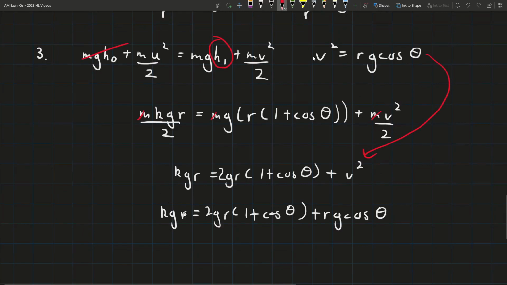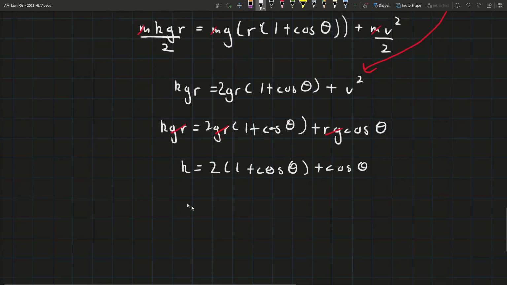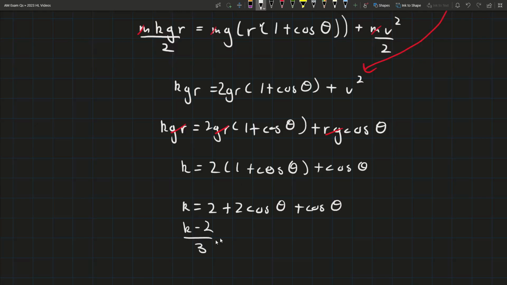Lots of things cancel, that gr, that gr, that gr, and we get that k equals 2 times (1 plus cos theta) plus cos theta. Now we just have to solve for cos theta, so let's say that k equals 2 plus 2 cos theta plus cos theta. Therefore, (k minus 2) all over 3 is cos theta, and that's exactly what we were asked to prove in the question.